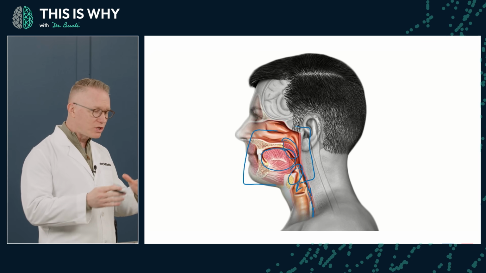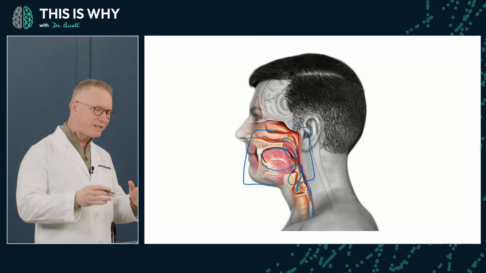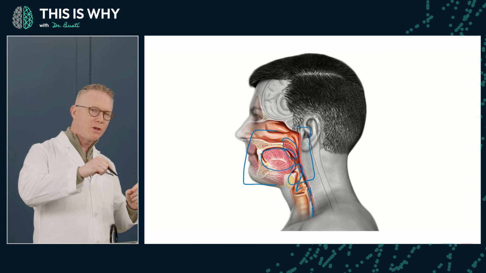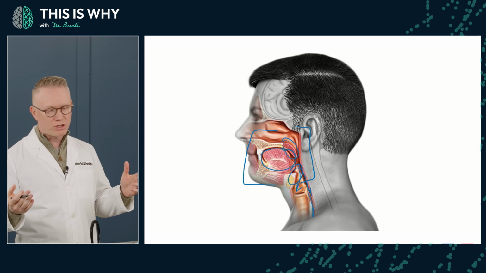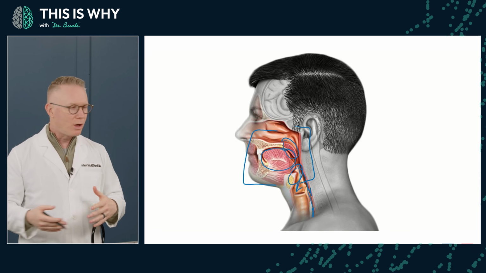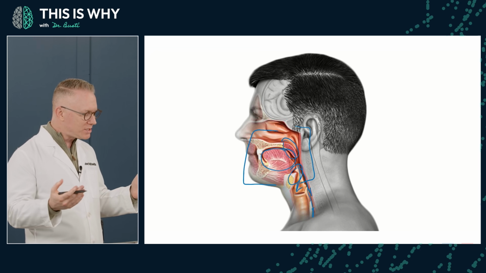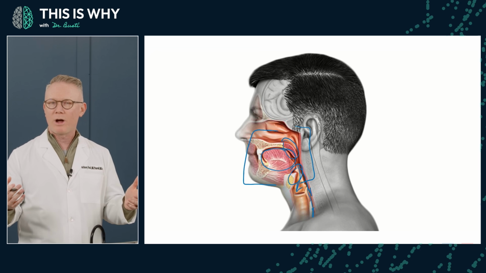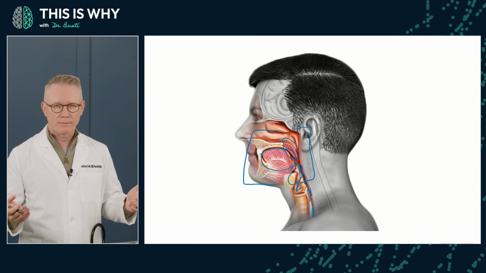So, oropharyngeal dysphagia, which is trouble initiating the swallowing or moving of food or liquid safely from the mouth through the throat, okay? Patients might say things to you like, I'm choking, or I cough when I drink, or it just feels like something's going down the wrong pipe, or sometimes I just can't get it started, okay?